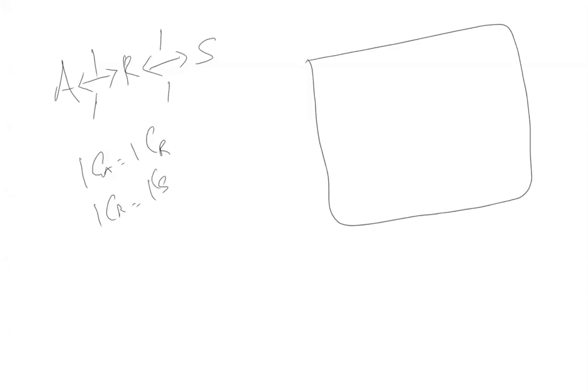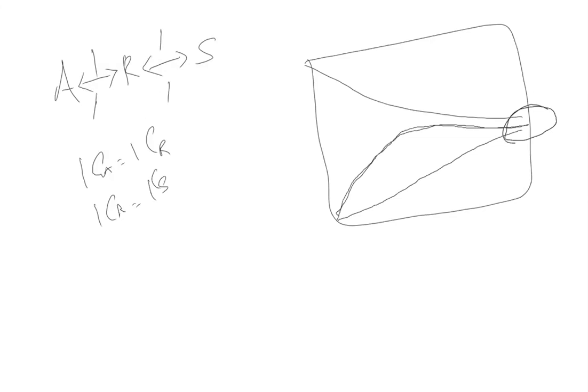If you see here, at equilibrium, 1 CA equals 1 CR, 1 CR equals 1 CS. So all should be equal. If you draw, A will be something like this. R will slowly increase and then slowly decrease, because there is R conversion and then R formation also. S will be slowly reaching. So ultimately, all of them will be equal at equilibrium. This is A, this is R, this is S.